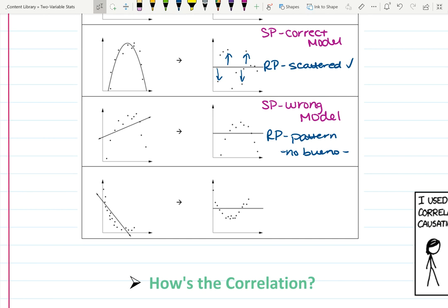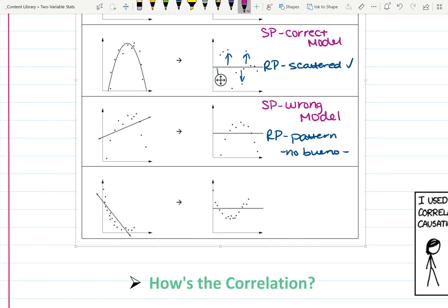So look at our last one. Is this the correct model? Should they have fit something linear to this scatter plot? Well, notice how quickly our data decreases and then it kind of flattens out toward the x-axis. What kind of model should that have been? That should have been an exponential model. That's an exponential decay.